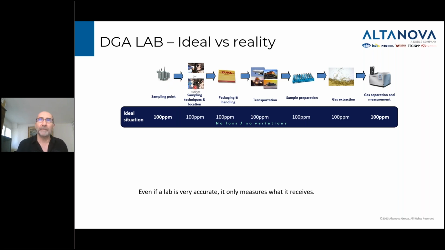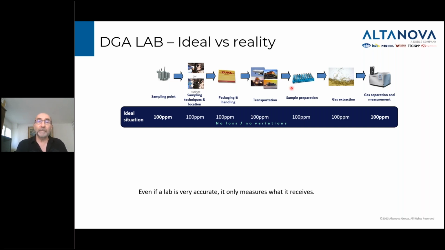Usually, the majority of people use the drain valves, with syringes or containers. Then the product is packaged and sent, sometimes to a very close area, sometimes very far, depending on the geography of the country and where the DGA labs are.